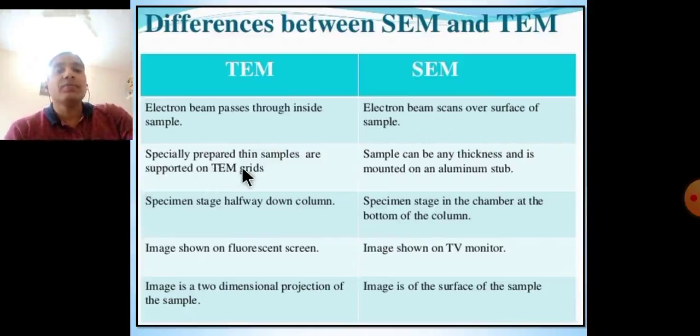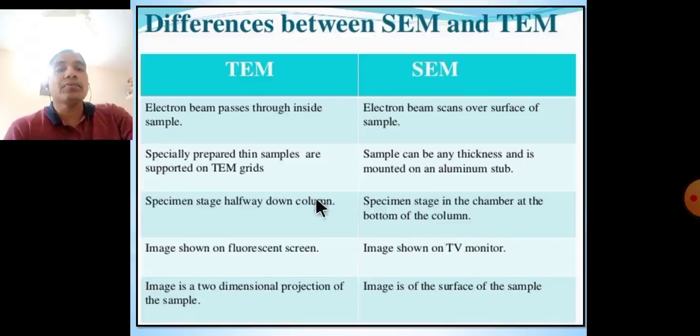Second, in TEM specially prepared thin samples are supported on a TEM grid, but in SEM a sample can be thick and is mounted on an aluminum stub.